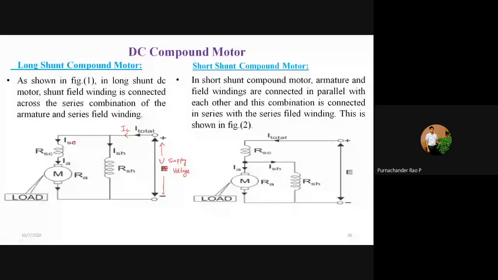The series field winding is connected in series with the supply, not across the load.